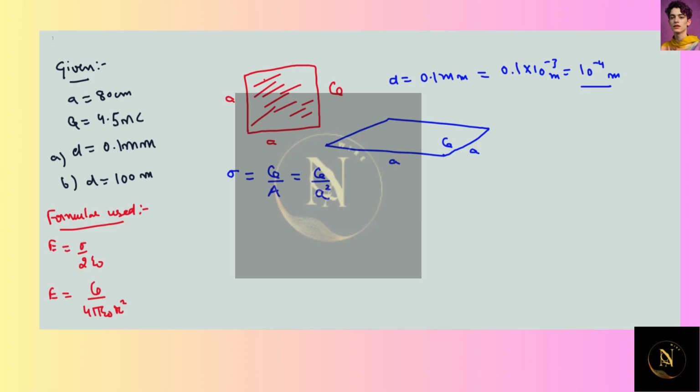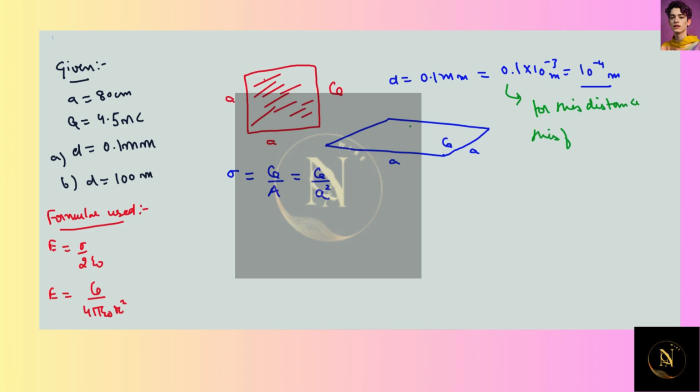And for the distance d equals 10 to the minus 4 meter, the side is 80 centimeter. So this point is very close, almost on the sheet. For this point, the sheet looks like an infinite sheet of charge.